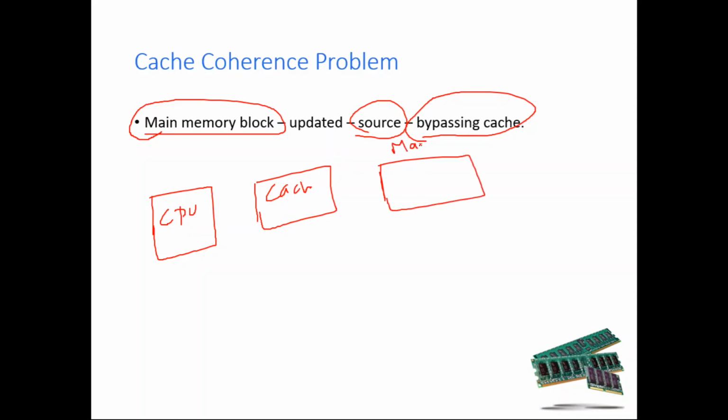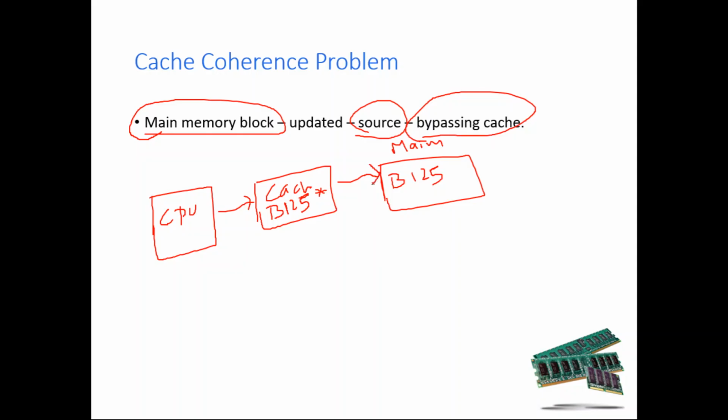Now some content of the main memory is available in the cache memory, some blocks. Let us say a typical block, 125. Assume that this block 125 is available in the cache memory for the given time, and it has also been updated by the processor, but the update has not been reflected in the main memory.